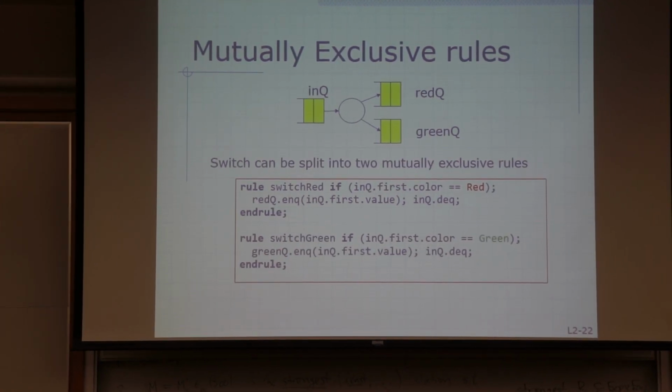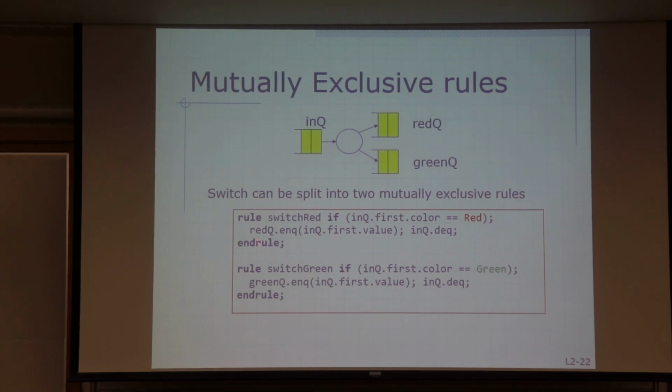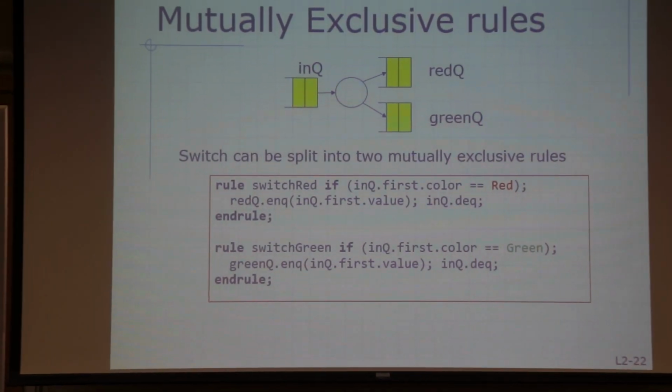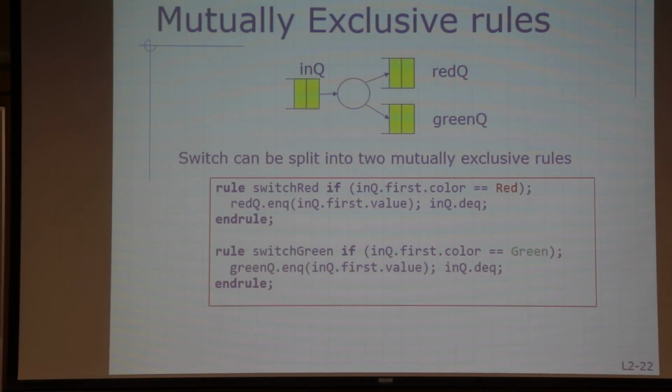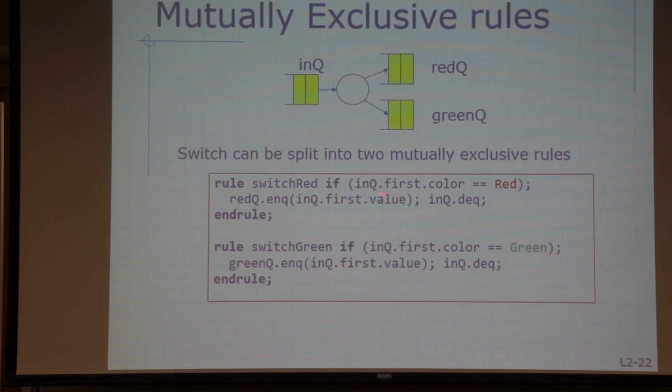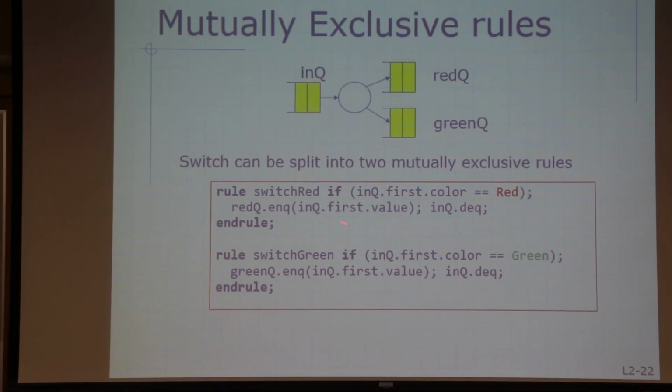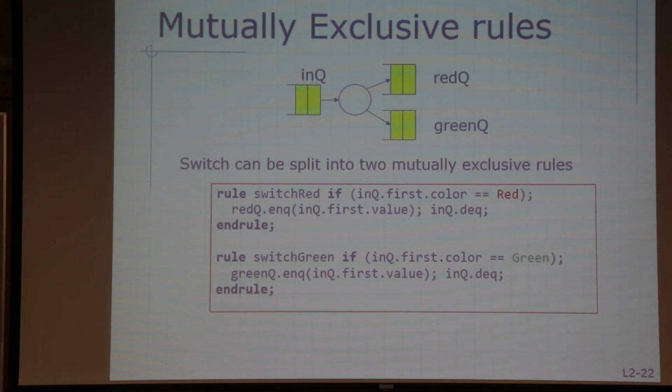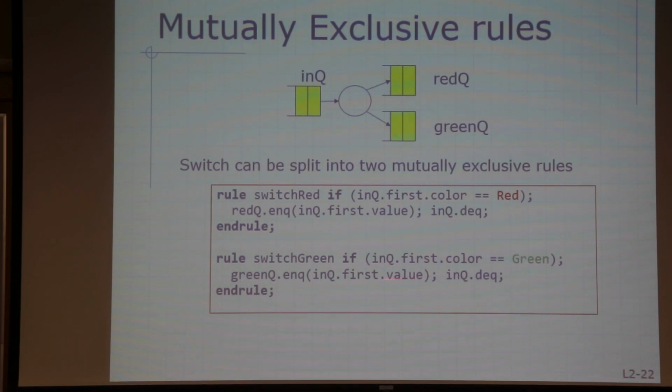I could have also written that program in this way, which is in some sense more appealing. What I did is I turned this into a guard. I said, if this thing is red, then enqueue in the red queue. If it is green, then enqueue in the green queue.